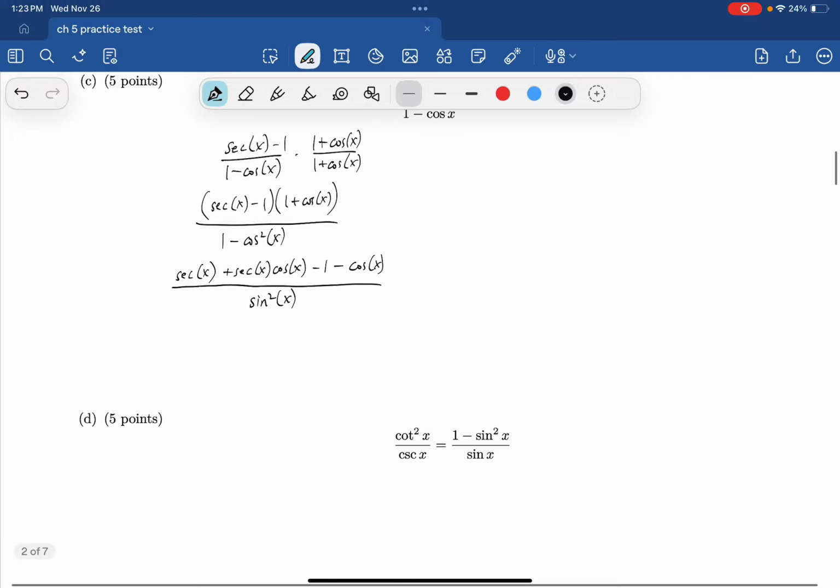All right. So now, if you'll notice on the top, secant x cosine x is simply equal to 1. And so that will cancel out with the minus 1. And so we're left with secant x minus cosine x over sine squared x.